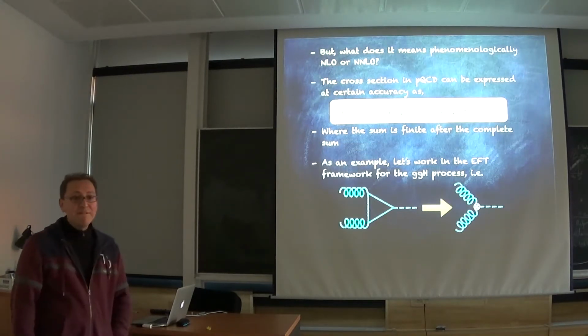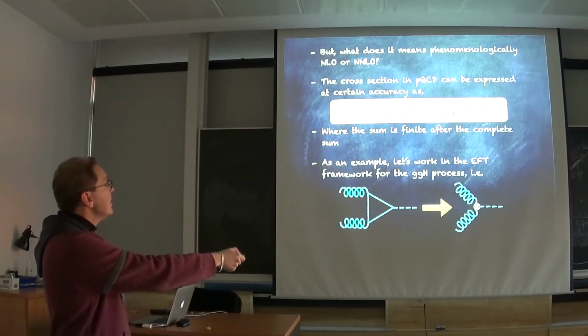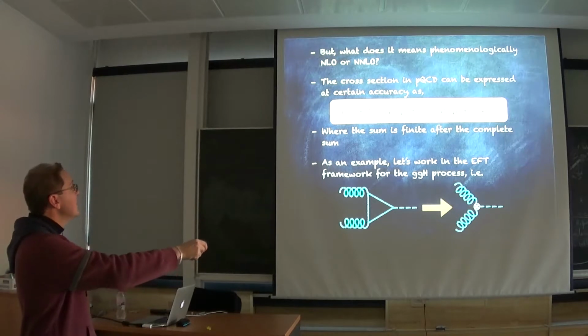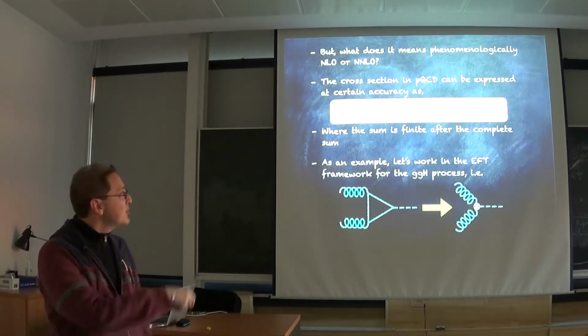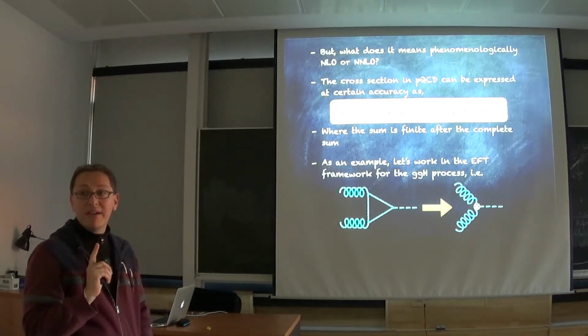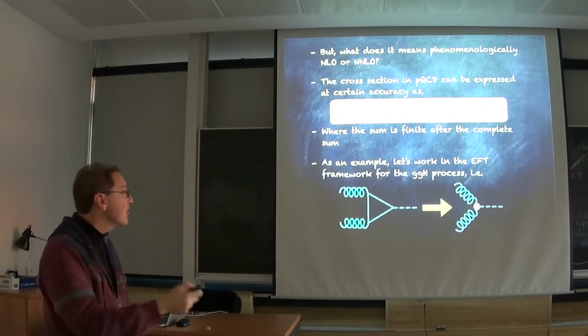So, phenomenologically, as I said, you have the cross-section. The cross-section you can compute, there's no problem. And then the cross-section would be proportional to alpha strong. And remember, alpha strong could be very high or could be very small, depending on the regime, depending on the running of the coupling.